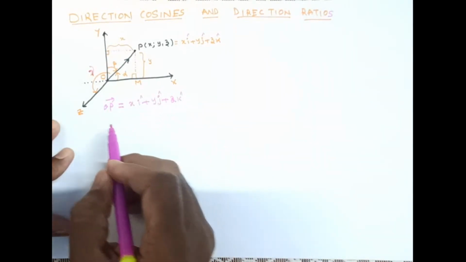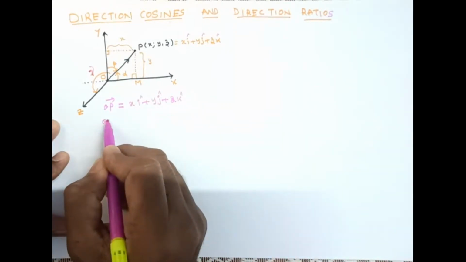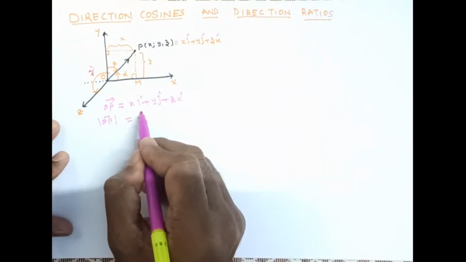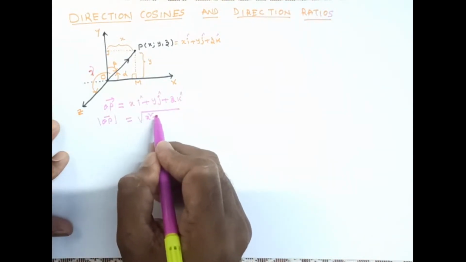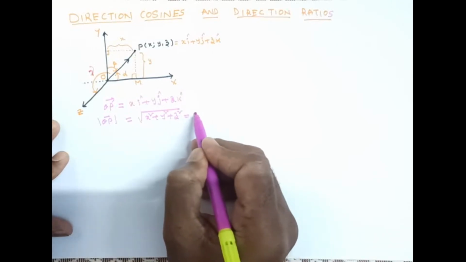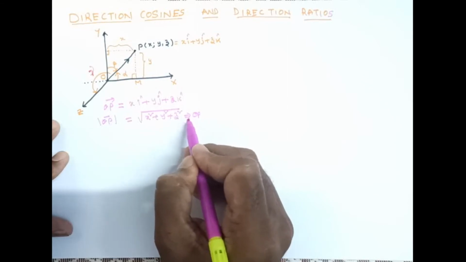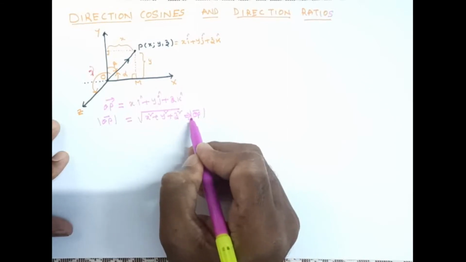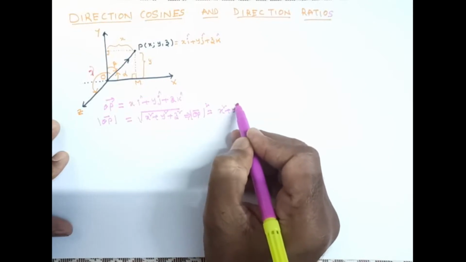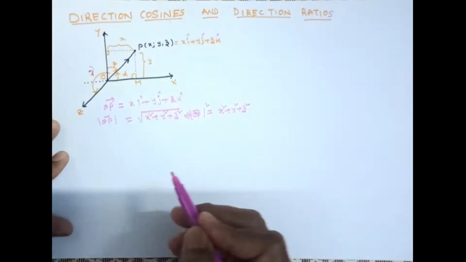So the magnitude of OP bar we can write as root over x square plus y square plus z square. That implies the magnitude of OP bar square is equal to x square plus y square plus z square.